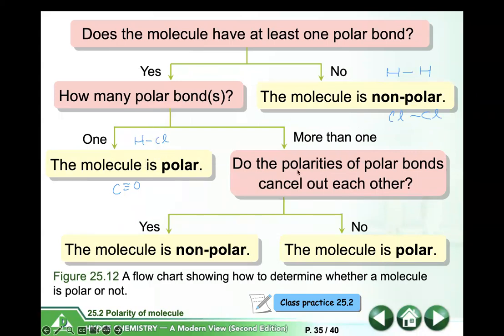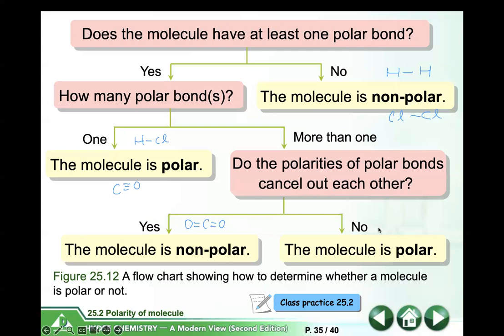While if there is more than one polar bond, we consider whether they can cancel out with each other. For example, carbon dioxide has two polar bonds. However, the polarity of the polar bonds, due to its shape, can cancel out with each other. It is non-polar.